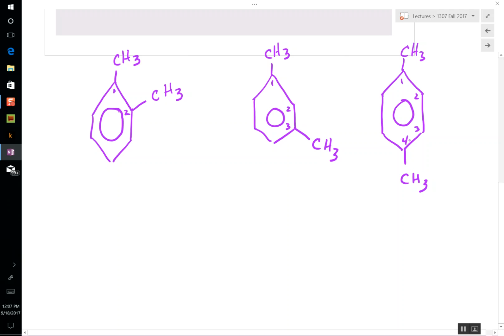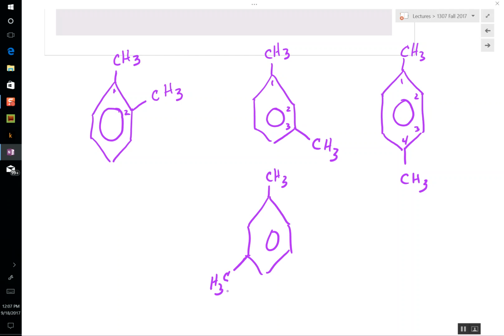And those are the only 3 possibilities. Let me convince you: if I were to move over one more carbon, you'd say, isn't that 1, 2, 3, 4, 5? Well, I count over the quickest way, so it's 1, 2, 3. It's the same as this one, 1, 2, 3.